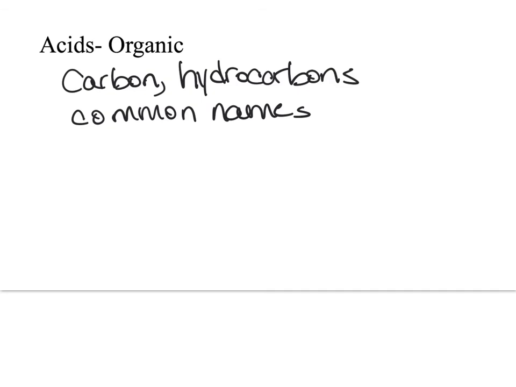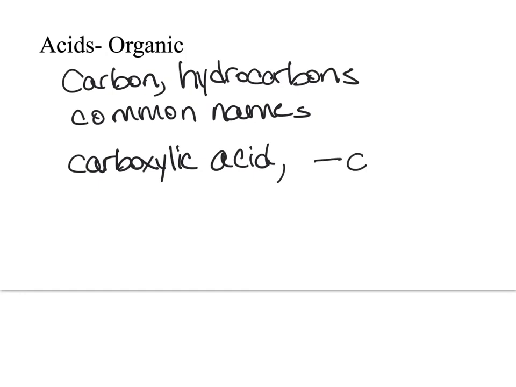And they all have a carboxylic acid functional group, which looks like this: a carbon with a double bond to 1 oxygen, and then attached to another oxygen. And so this hydrogen right here that is attached to that oxygen is the acid-base reacting hydrogen.